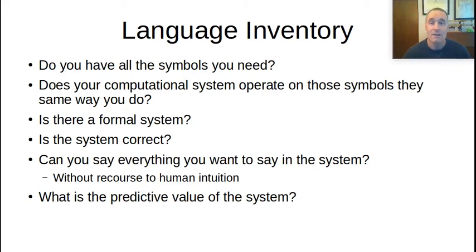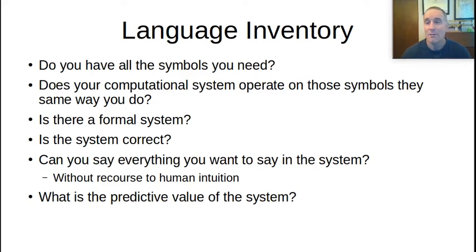And you might ask yourself, does the language that you've created have all the systems that you actually need? Do you have the symbols that tell you everything you want to be able to say about the real world? And does your computational system operate on those symbols in the same way that you do?